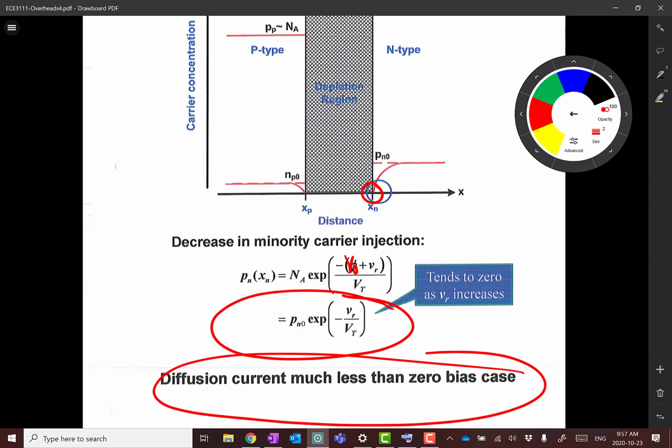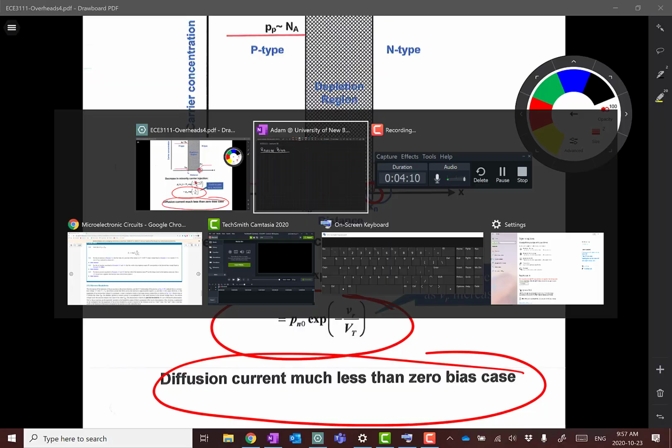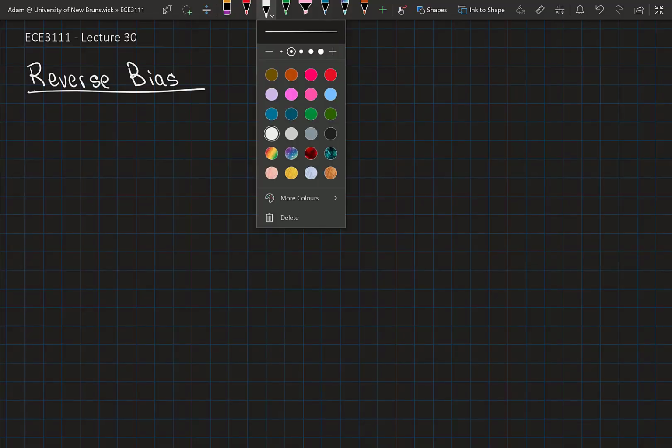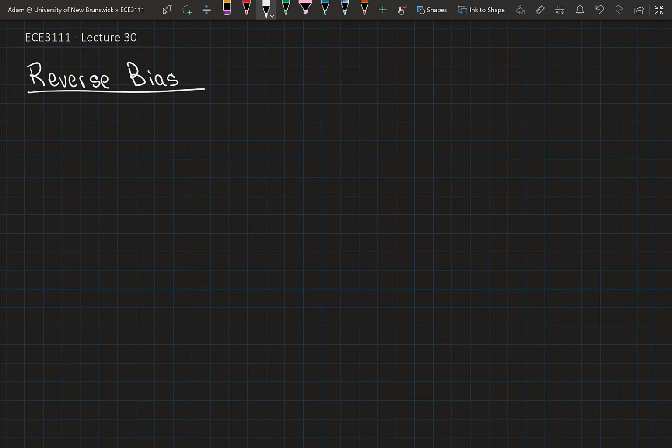Okay, so all that to say that our operation in reverse bias is not super interesting. It's small and primarily based on our saturation current, and we looked at that it's very temperature dependent, but other than that, not super interesting.